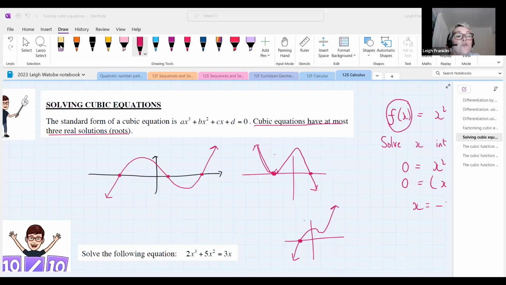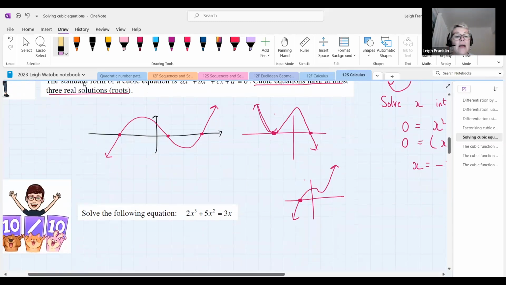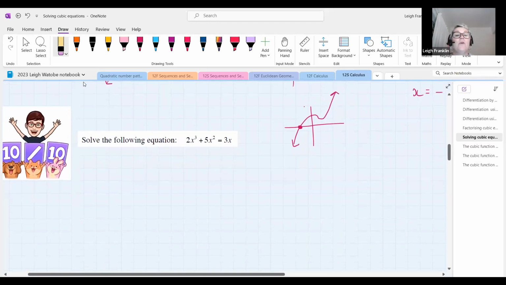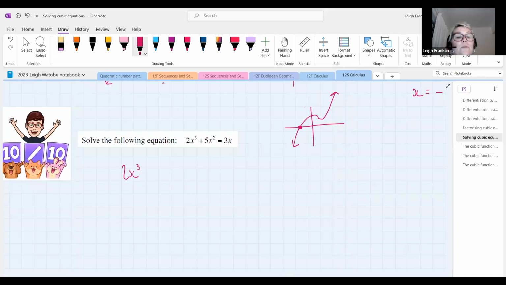When you are solving an equation, you are taking f of x and making it equal to 0. If we have a look at just the simple example over here, if we wanted to solve this, it would be easy. 2x cubed plus 5x squared, we would need to move the 3x over to the other side. Here we could factorize out the x as a highest common factor.